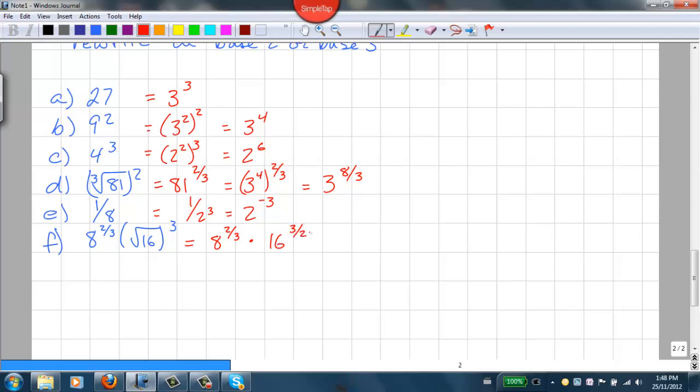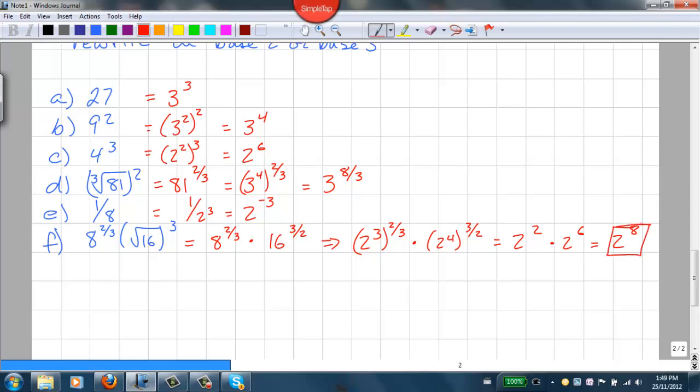Well, each of those is a power of 2, so that's like saying 2 cubed to the 2/3 times 2 to the 4 to the 3/2. If we use our exponent laws, we'll get 2 squared times 2 to the 6. And we use exponent laws again, and when we multiply powers, we add the exponents, so we get 2 to the 8.